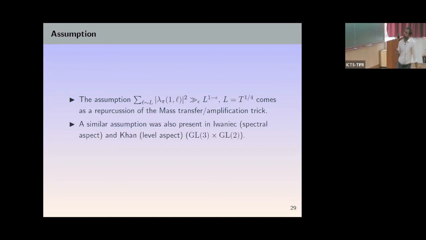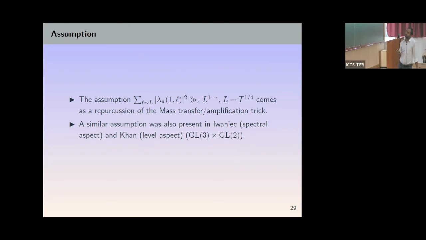It appeared also in many papers of Ivaniec in the spectral aspect. This similar condition was also present there, but there these coefficients were GL2 coefficients, and also in a result of Rizwanul Khan, where he showed level aspect subconvexity for GL3 times GL2 in the GL2 level aspect.